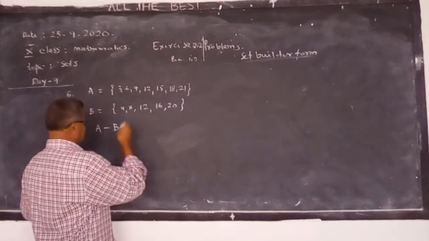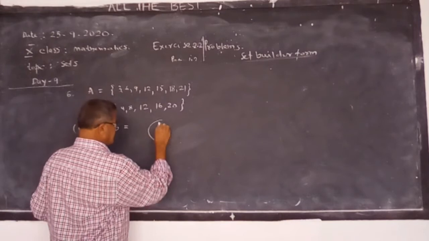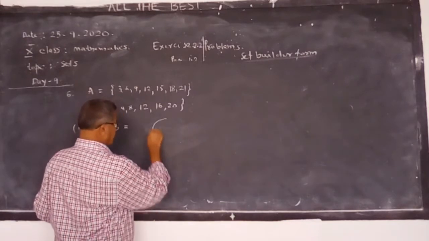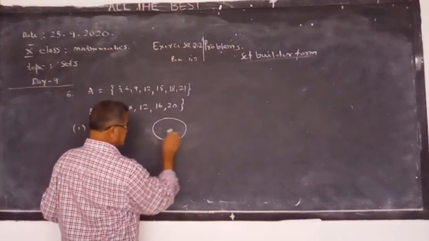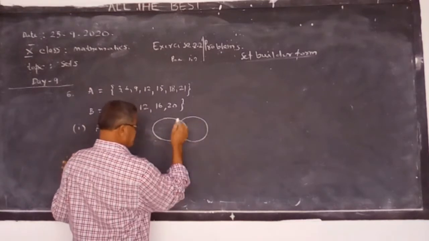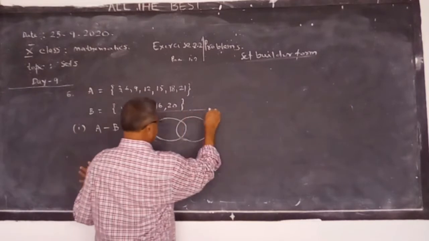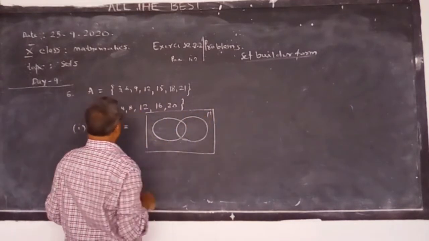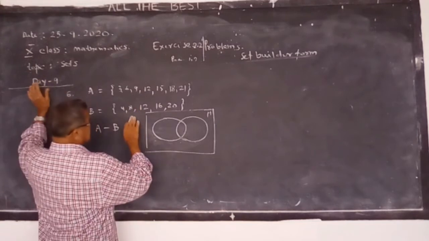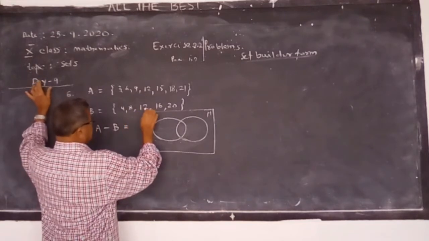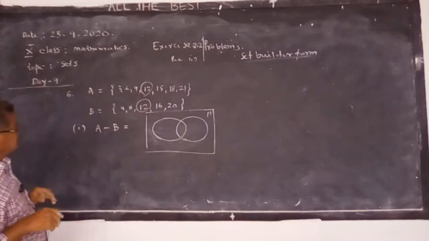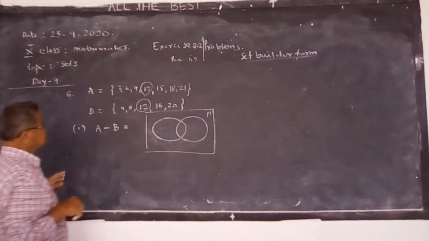A minus B. First of all, it is convenient to draw a Venn diagram for union, intersection, and differences. What are the common elements? Only one member, 12.